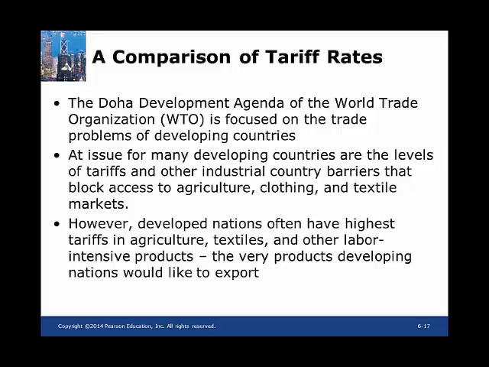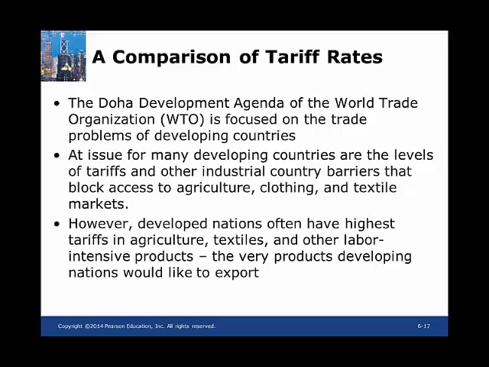A comparison among tariff rates. The Doha Development Agenda of the World Trade Organization, we call it WTO, is focused on the trade problems of developing countries.